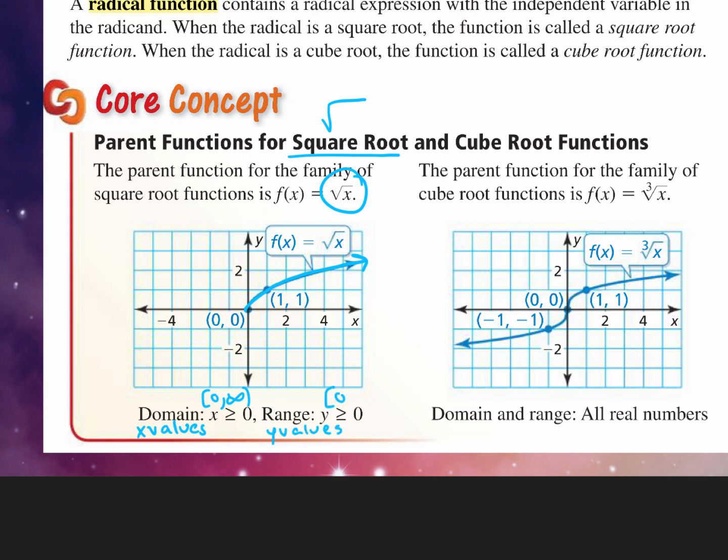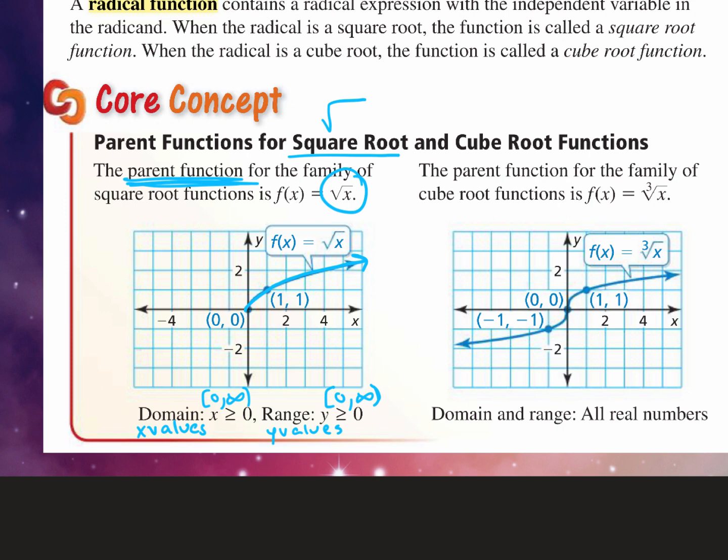And we would write it as 0 to infinity. Now this is our parent function. So we could have transformations applied to our parent function to where our domain and range would shift also. So if our graph shifts, the domain and range would possibly shift.